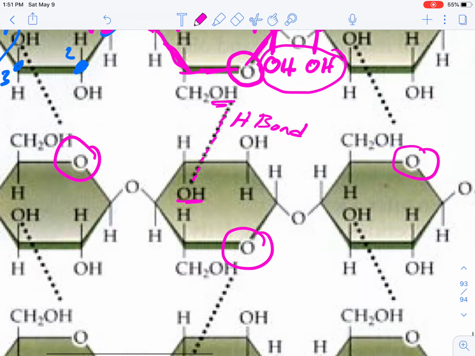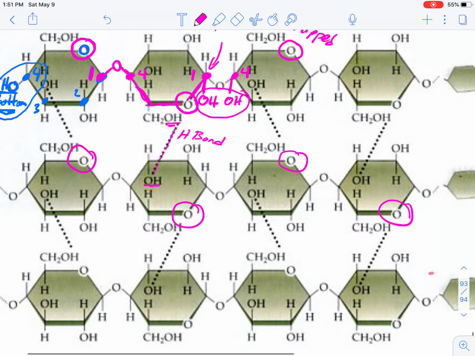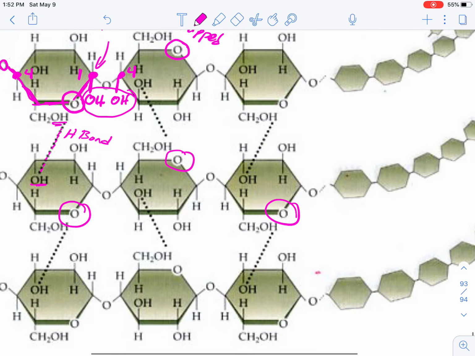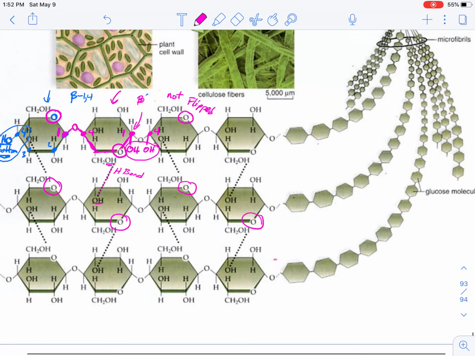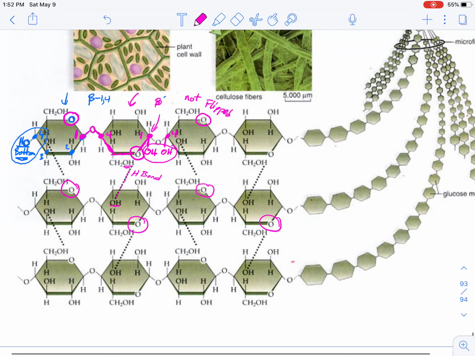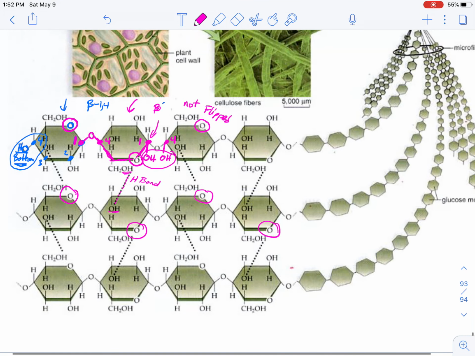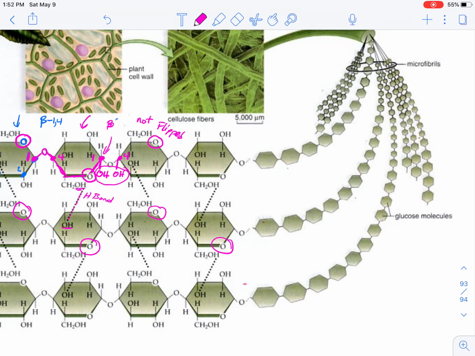So all of these dots that you are seeing as I zoom out, they're all representing hydrogen bonds. And as we know, hydrogen bonds are very strong intermolecular forces. And with hundreds of thousands of glucose units all having these hydrogen bonds, we have hundreds of thousands of hydrogen bonds that are keeping these strands held together.